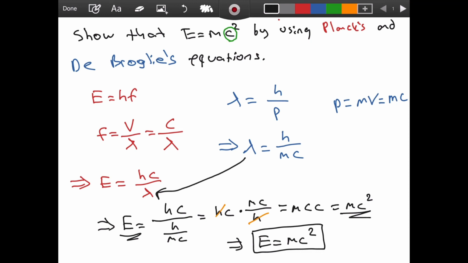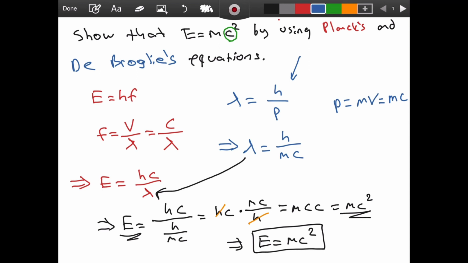So we have actually done it. We showed that E is equal to mc squared by using Planck's and de Broglie's equations. And obviously this is not a formal proof of Einstein's equation, because in de Broglie's equation Einstein's equation is used. While de Broglie was deriving this equation, he actually used the fact that E is equal to mc squared to arrive at this equation.